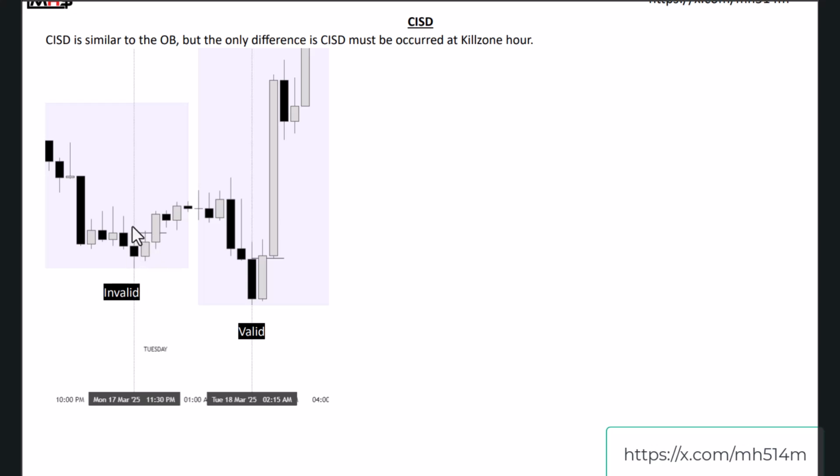That means this is not a valid CISD. A valid CISD must occur at killzone hour. On the next candle, we can see this candle just purged at 2:15 a.m., which is within our killzone hour, and engulfed. That means this is a valid CISD.